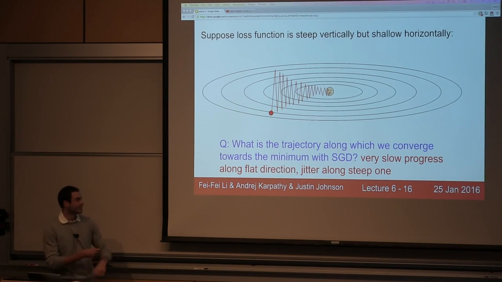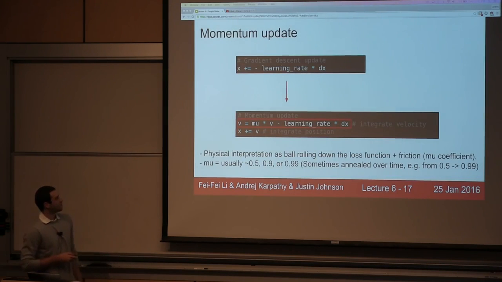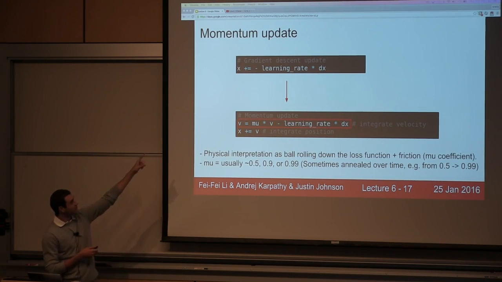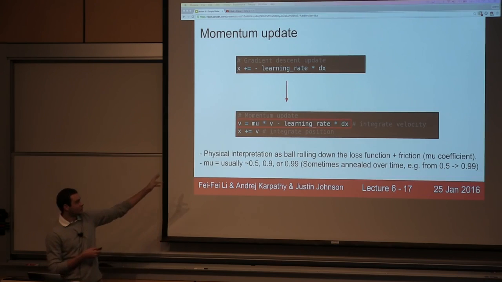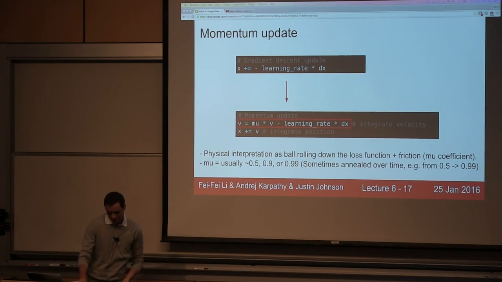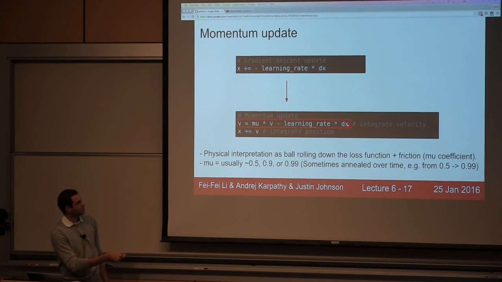One way of remedying this kind of situation is what we call a momentum update. The momentum update will change our update in the following way. Right now, we're just incrementing the gradient. We're taking the gradient, and we're integrating our current position by that gradient. In the momentum update, instead, we're going to take the gradient that we've computed, and instead of integrating the position directly, we're going to increment this variable v, which I call v for velocity.